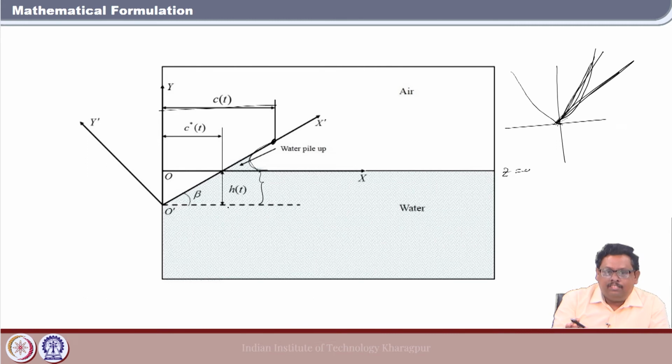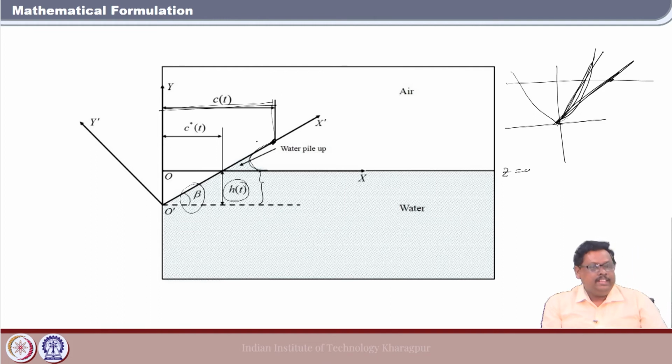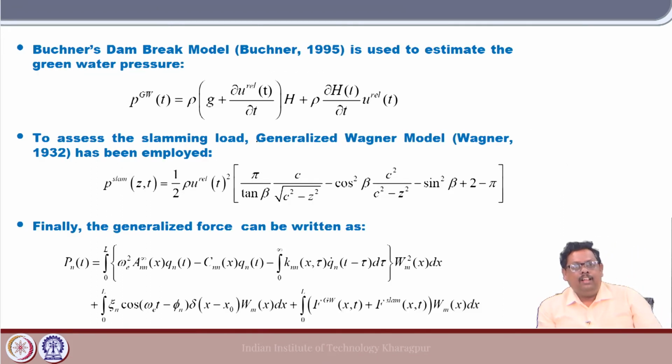Now, if you find out the value of h t and the value of beta, then this is the point till which the free surface shifts. So you know this point, and you know this distance also. Once you know this data, then you can directly use the slamming pressure with respect to this formula.